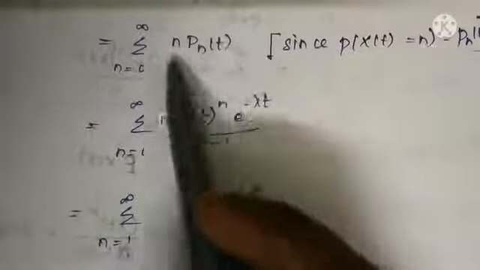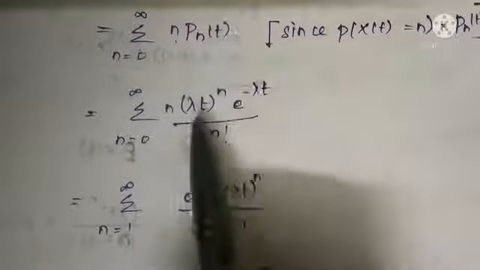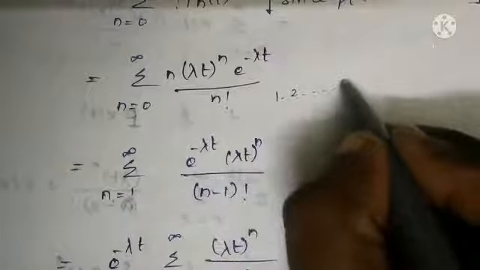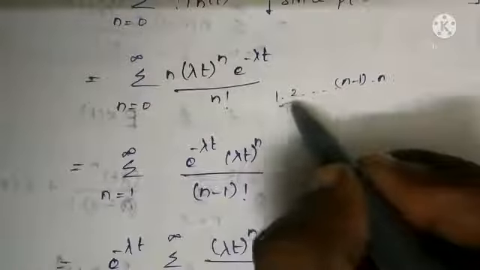The probability law of Poisson process. So by probability law, it is lambda t whole power n e power minus lambda t by n factorial. Now n gets cancelled, and it becomes n minus 1 factorial, because n factorial is 1 into 2 into 3 up to n minus 1 into n. That n gets cancelled and this becomes n minus 1 factorial.